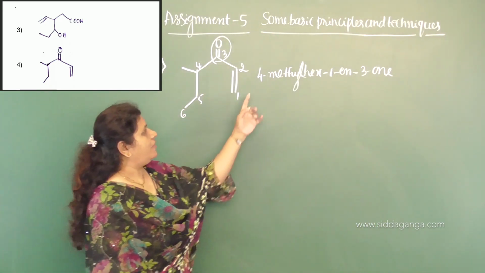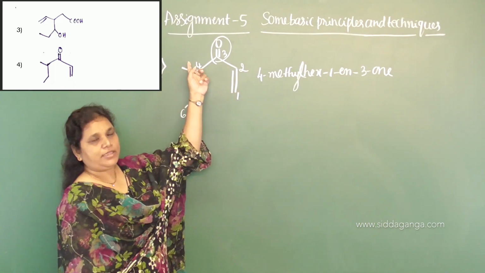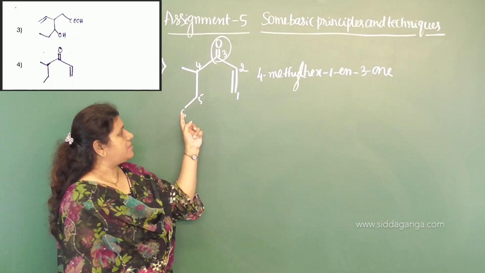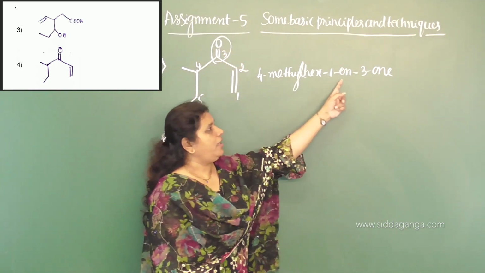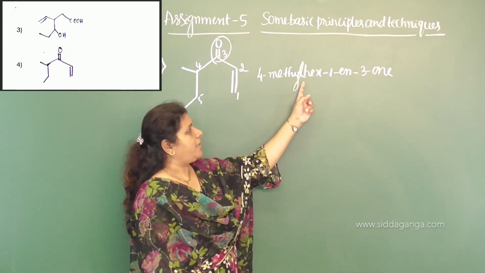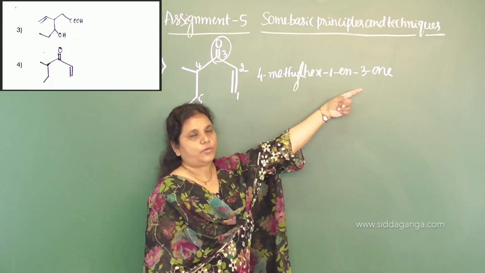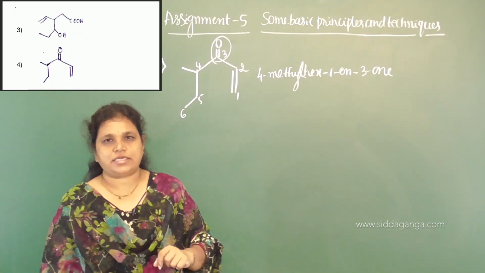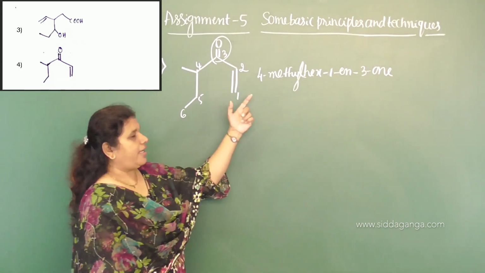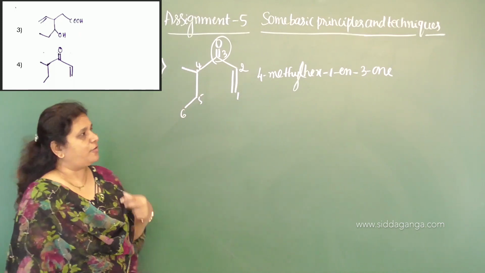One. So, therefore, the name is 4-methylhex-1-en-3-one. You can ignore the locant 1 and write it as hexen-3-one. Clear? And this is the IUPAC name of the fourth compound.